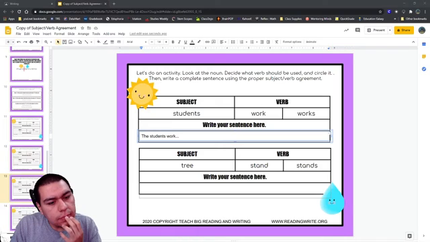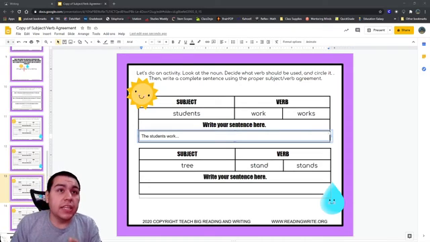They could work on reading. Okay, the students work on reading. Chase, you have another one? What else could the students work on? On a test. Very good.